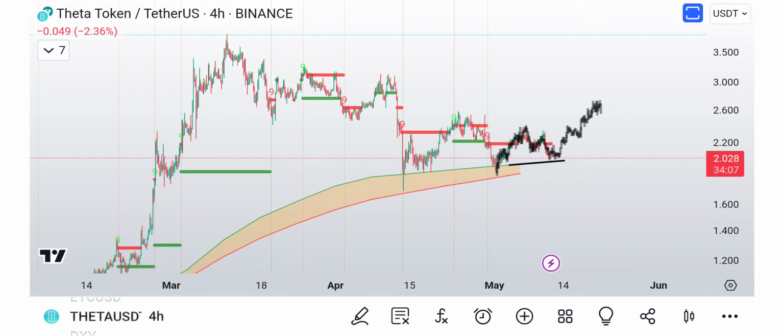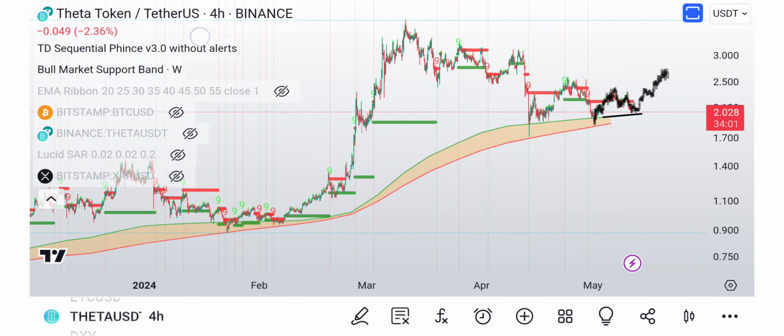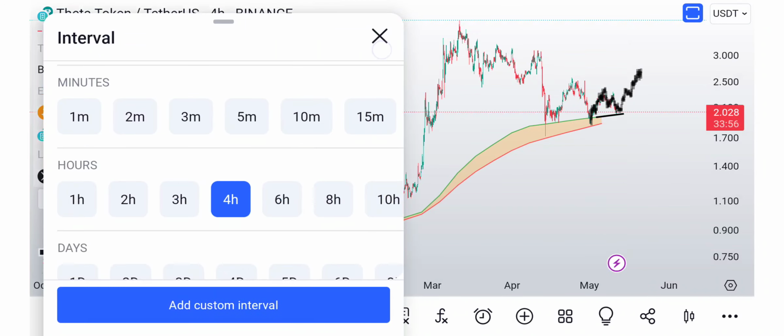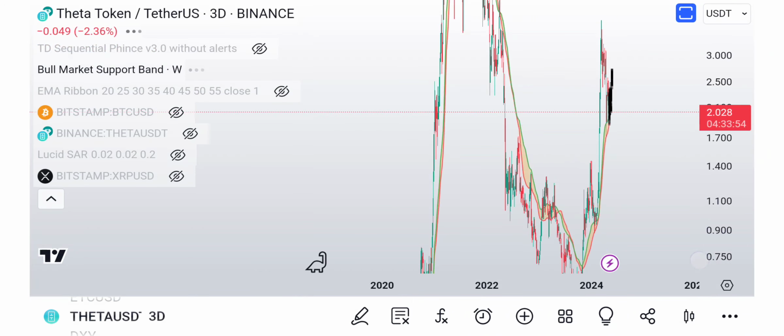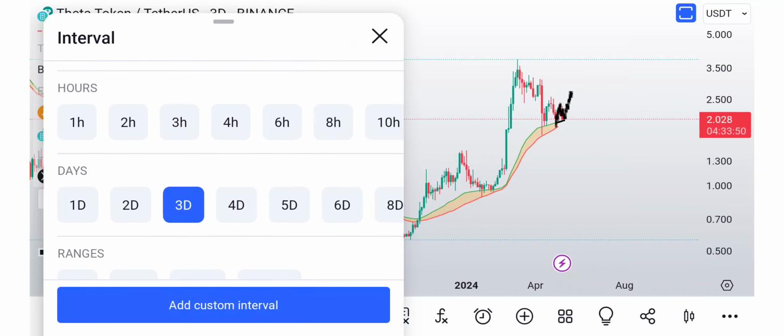And the reason why I didn't just pick out a fractal out of thin air is I'm picking out a fractal based off where we were before. So this gives the fractal a little bit of confluence.